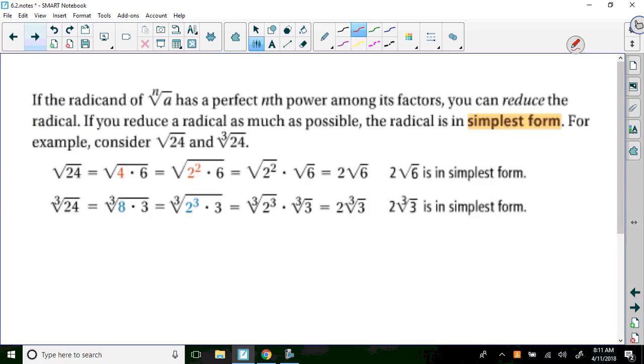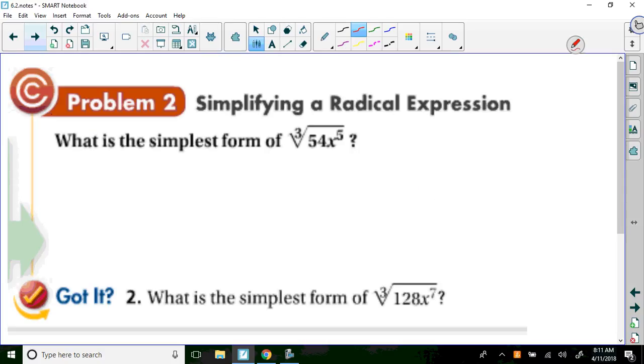Cool beans. So let's try problem 2 here. Ooh, now we're into third roots. It'd be handy if we knew some perfect cubes, like 1 and 8 and 27 and 64. Now, 54 is not any bigger than any of those. So let's ask ourselves, can we rewrite 54 using one of those factors?